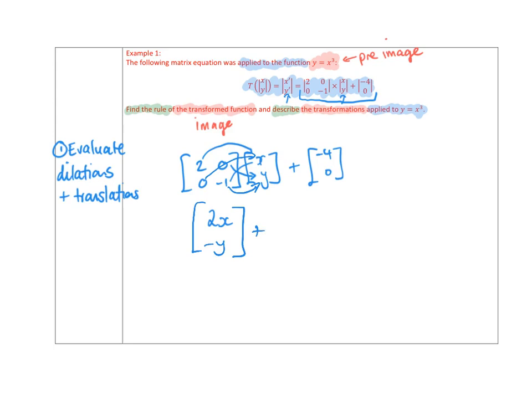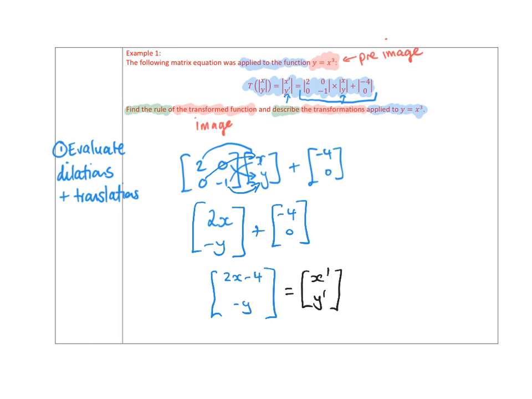Now we still need to add negative 4 and 0 to the mix, and so when I evaluate that, I'll get 2x minus 4, negative y plus 0, and that's the matrix dilations and translations evaluated. We know that once these transformations have been applied, it's true to say that 2x minus 4, negative y, is equal to my new x and my new y.